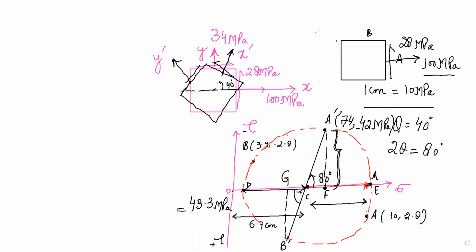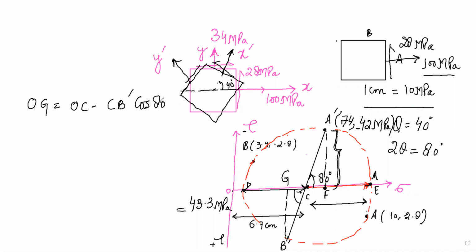I have to find OG. OG I can write is equal to OC minus CB prime cos 80.